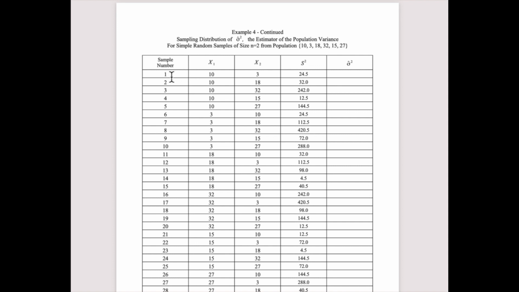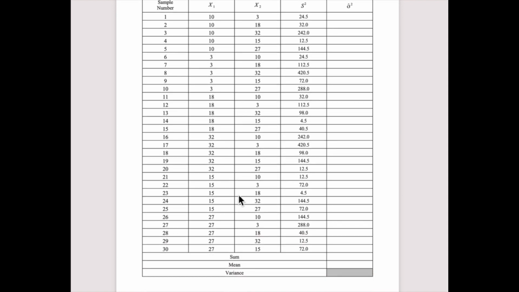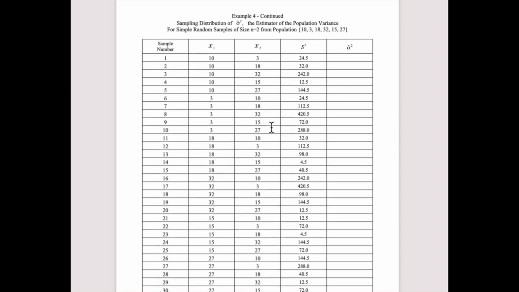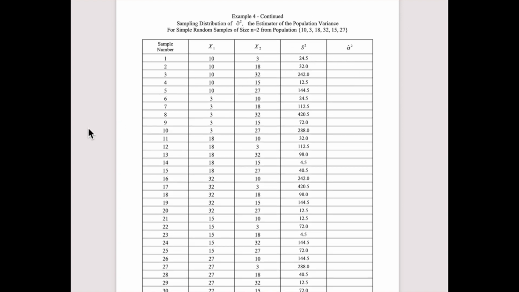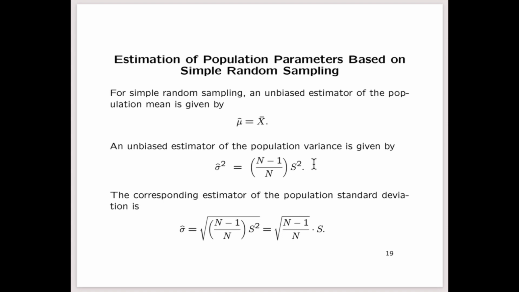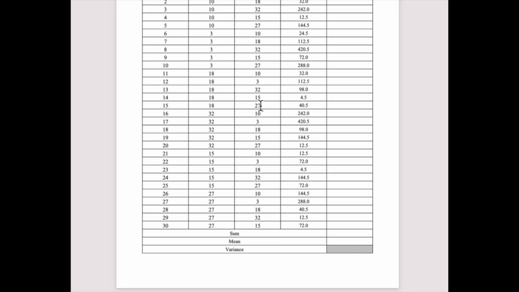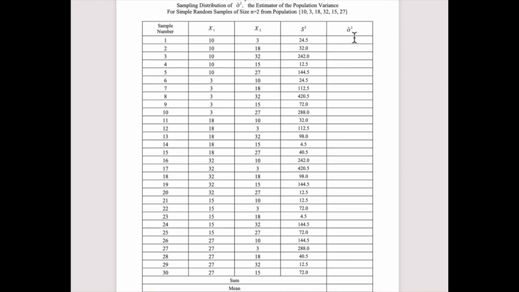I've got the sample number, the sample values for x1 and x2, and the sample variance entered for each of the 30 samples. What we need to do is take this sample variance and adjust it according to this formula, multiplying the sample variance by n-1 over n for each of the samples, and put those values in this last column. These will be the estimates for sigma squared, in other words, the values for sigma hat squared for each of the 30 samples.